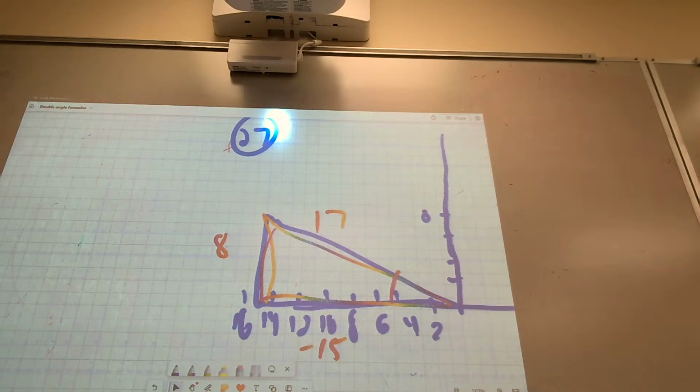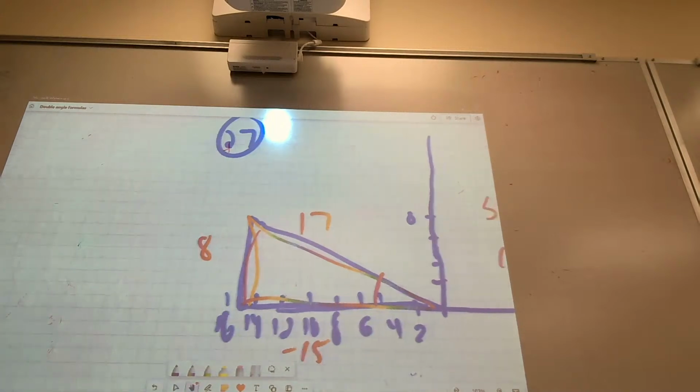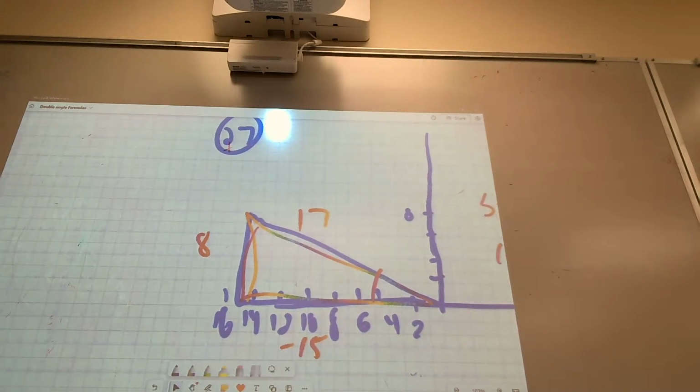Put down sine, cosine, tangent. And then plug them into the 3 equations.